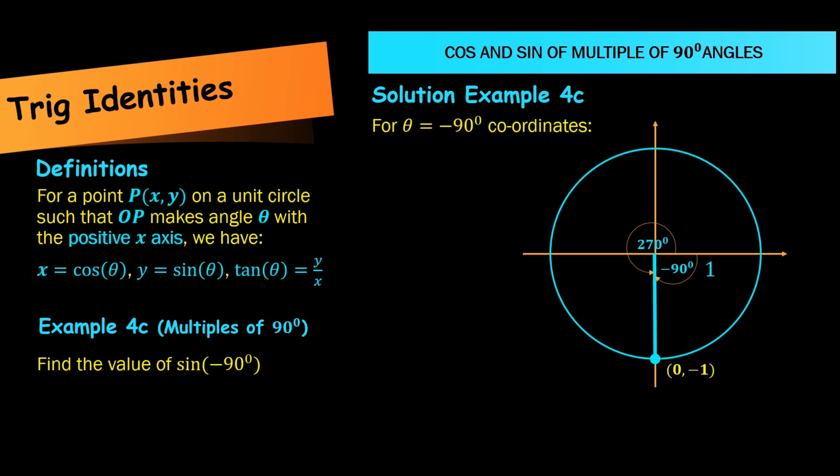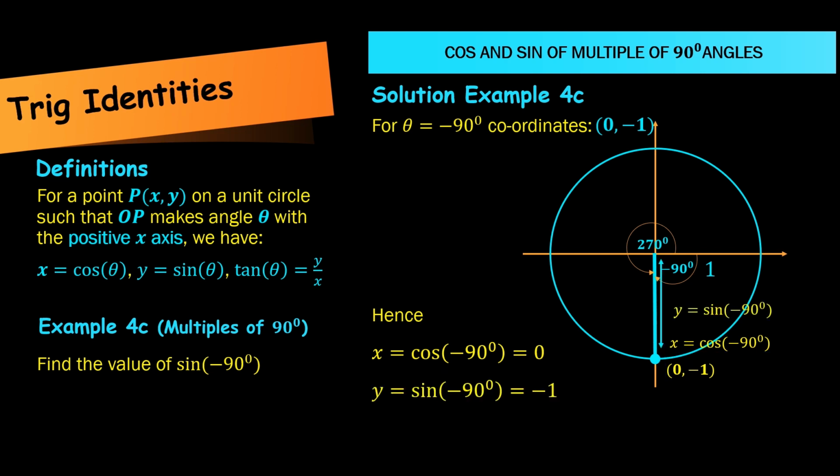So again, we're considering the point 0, minus 1. And so x equals cos minus 90 degrees, which equals 0, and y equals sine minus 90 degrees, which equals minus 1.